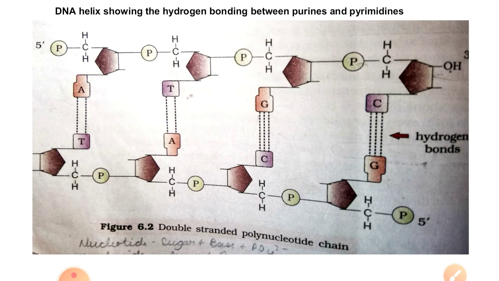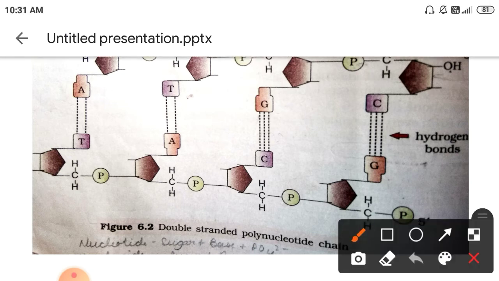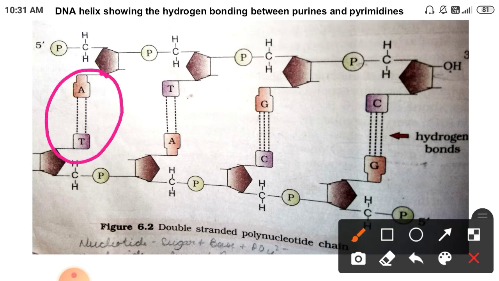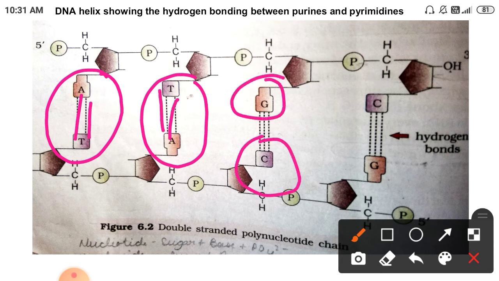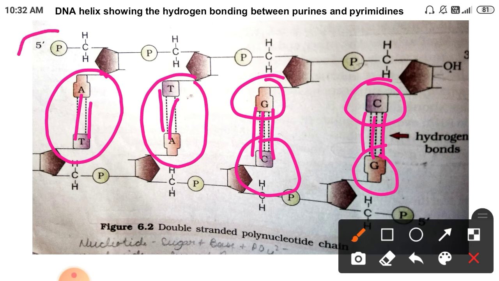Here in this diagram, I am showing you the hydrogen bonding between adenine and thymine, which are joined with double hydrogen bonding, and guanine and cytosine are joined with triple hydrogen bonds. Also, you can see the polarity of both the strands here, that is 5' to 3', and this will be 3' and this will be 5'.